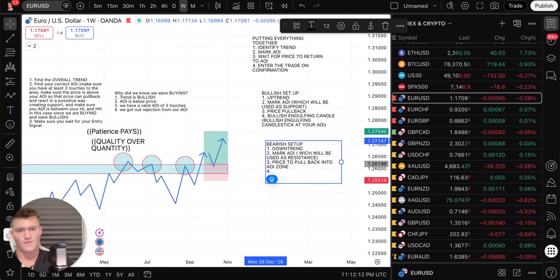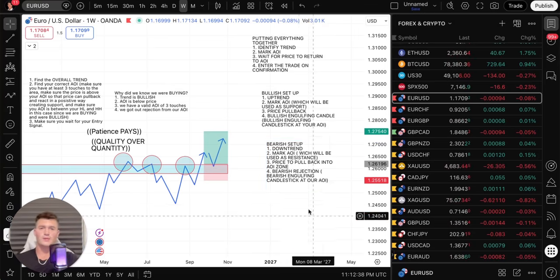And then wait for our bearish rejection. That consists of a bearish engulfing candlestick at our area of interest. All right.